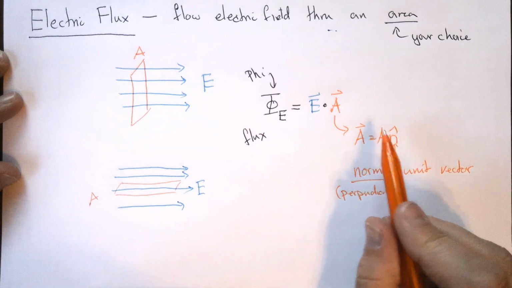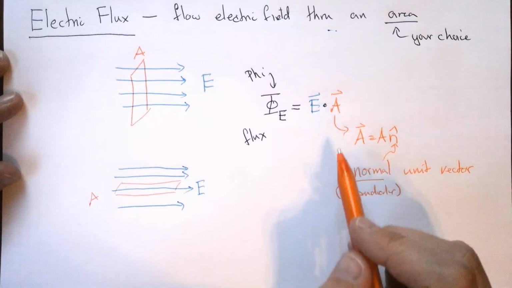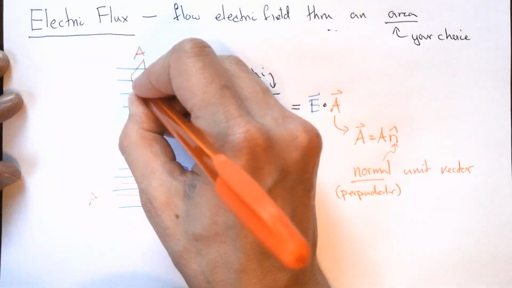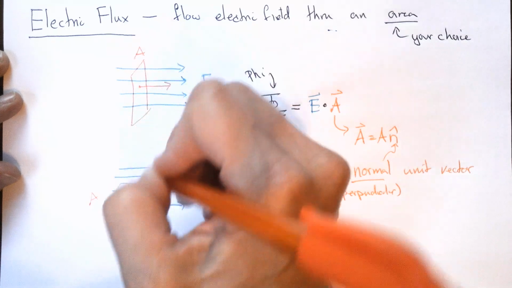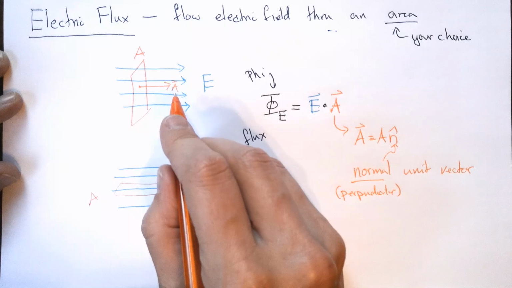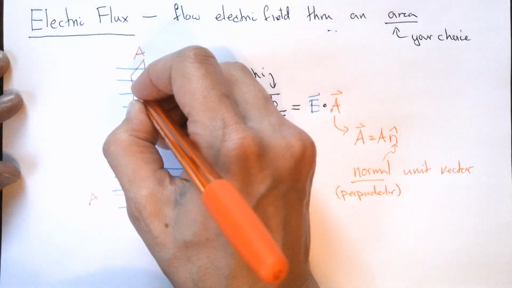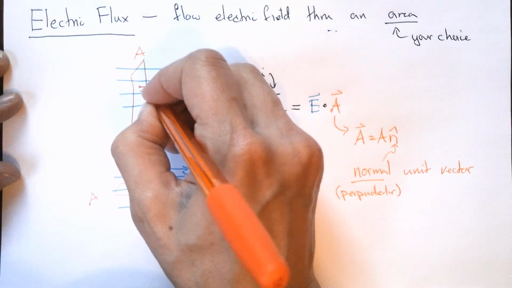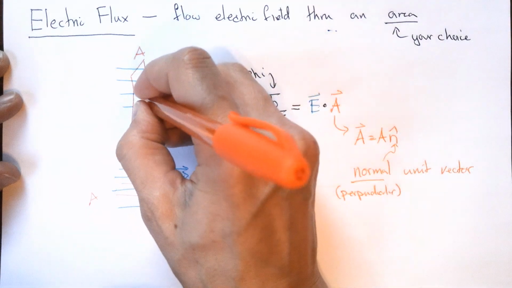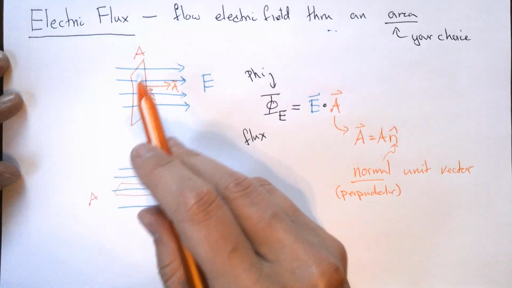So if we want to know which way the area vector is facing, we will look over here at our area and pick a direction that is perpendicular to the surface. So this would be the direction of the area vector, based on the direction of this little normal unit vector: perpendicular, 90 degrees from the surface of the area.